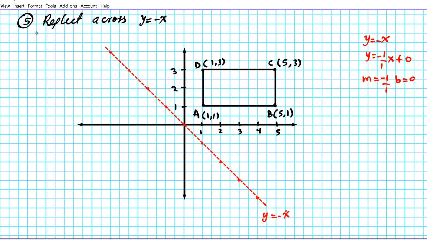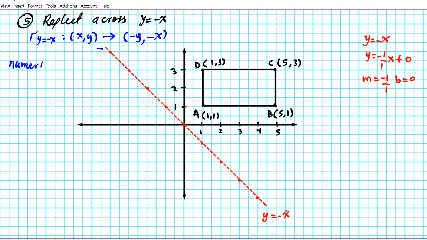A reflection along the line y equals negative x does the following. Y equals x just switches the coordinates, right? But y equals negative x not only switches the coordinates, it also switches the sign. So you have negative y, negative x.